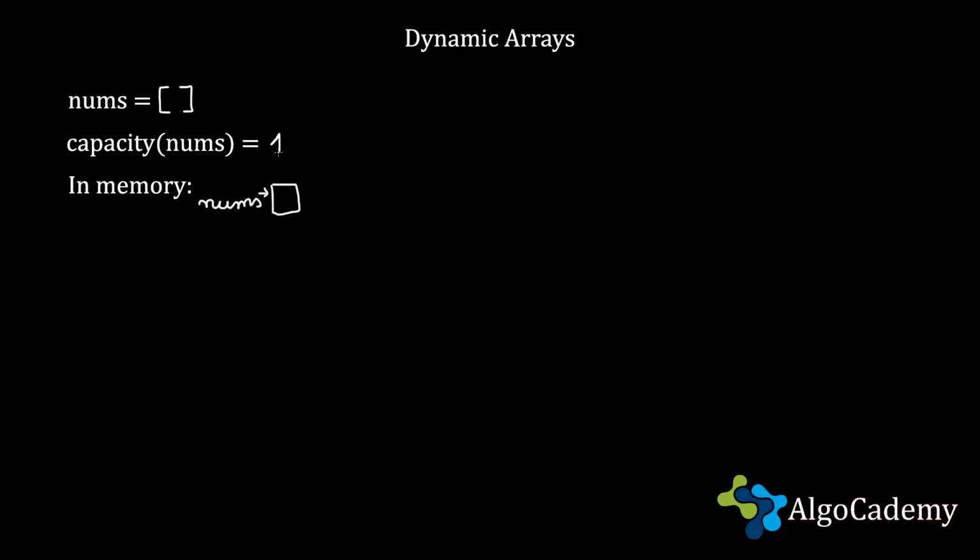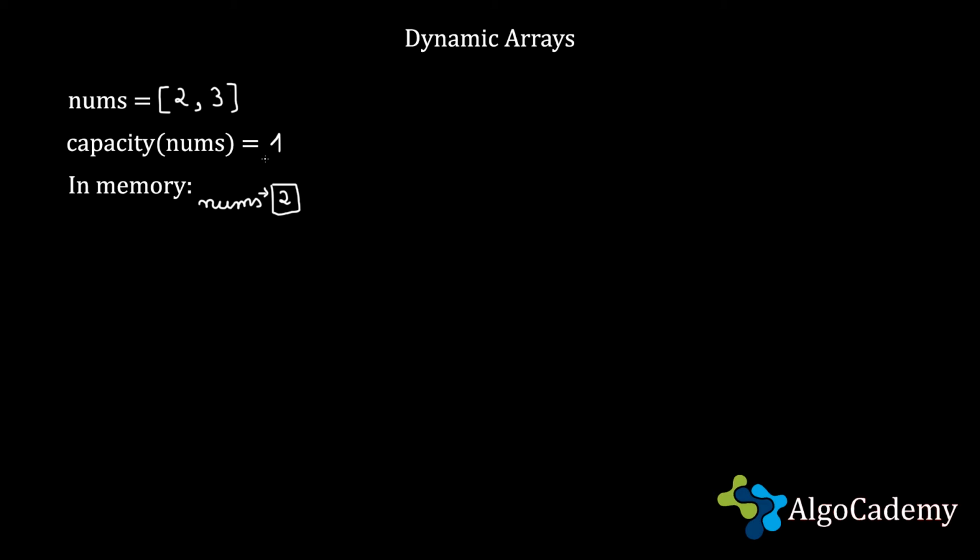Let's say I will push the element 2. Now my array nums is 2. What happens? Well, the computer is going to write the value 2 in my one and only chunk of memory. I move on and let's say I push the value 3 into my dynamic array. So the array nums should now look like this, 2, 3. Now, the computer knows that the capacity of the array is 1.